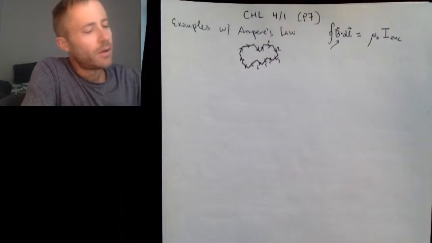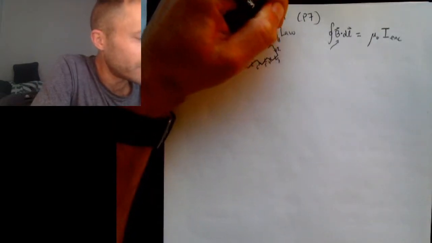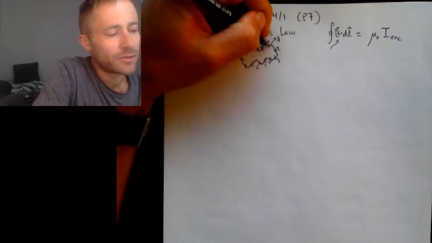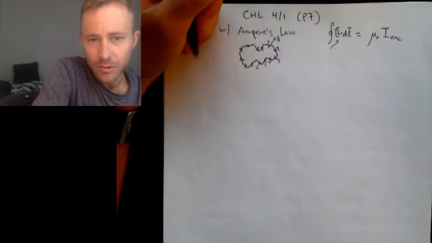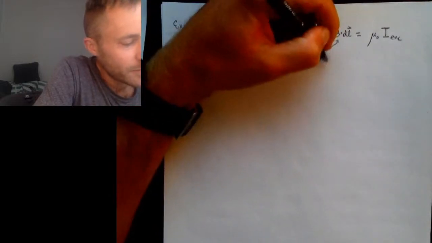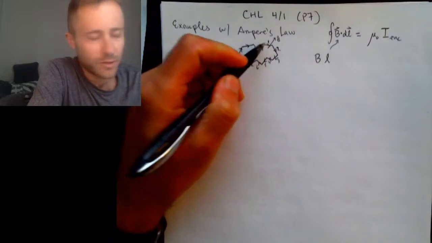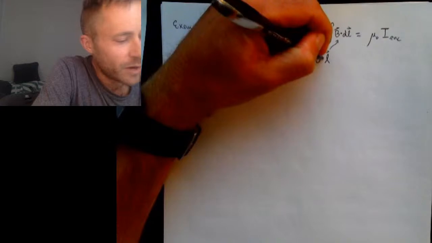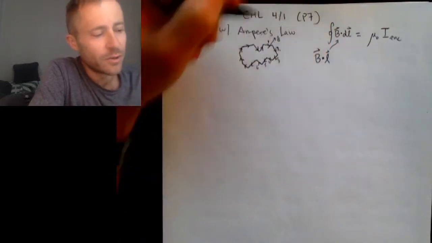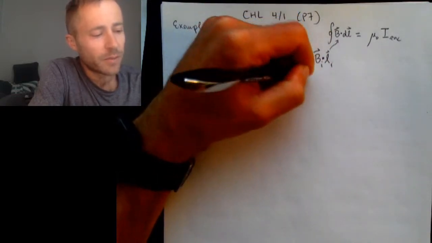And so on each segment, the magnetic field has a certain value, and it has a certain angle relative to the direction of the loop. So the line integral is: we take the vector that points along an individual segment, the length vector of that segment, and we take the dot product with the magnetic field on that segment, and then we add up all of the segments.